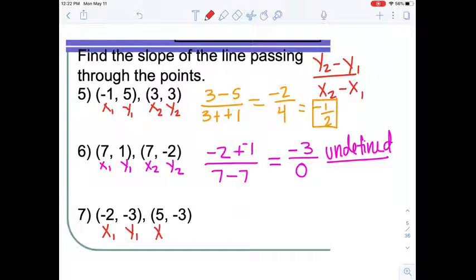For the next one, again, I'm going to label as x1, y1, x2, y2. Helps me keep track of things. And then I'm just going to plug them in. So y2 is negative 3. So we have negative 3 minus, and then y1 is negative 3 again. And then on the bottom, x2 is 5. x1 is negative 2.